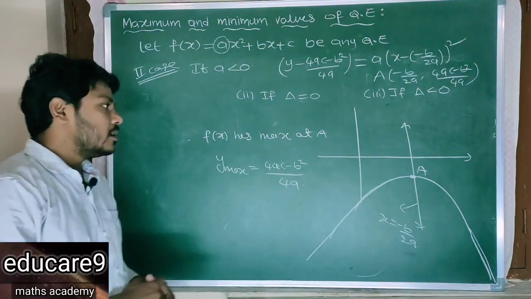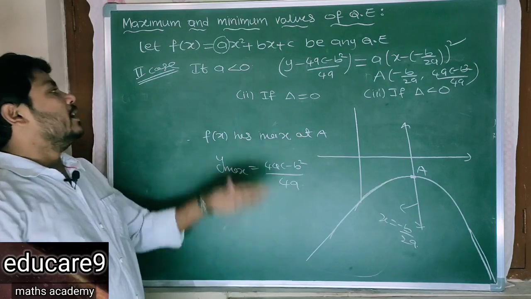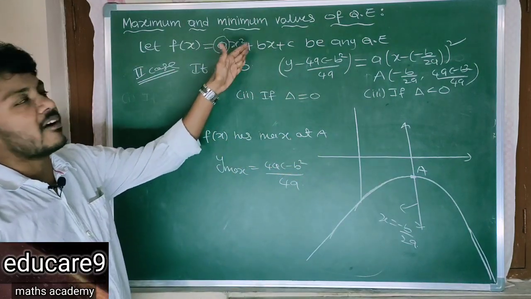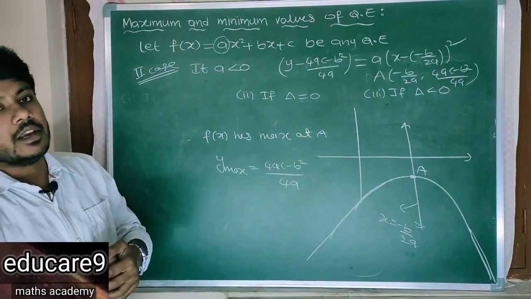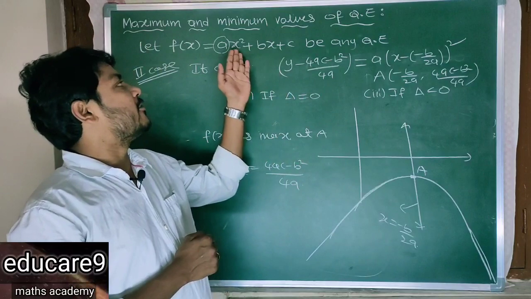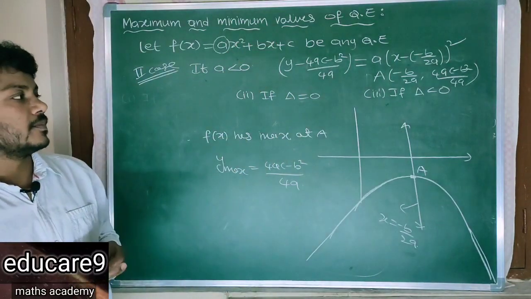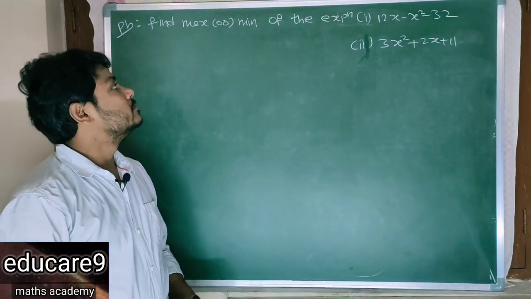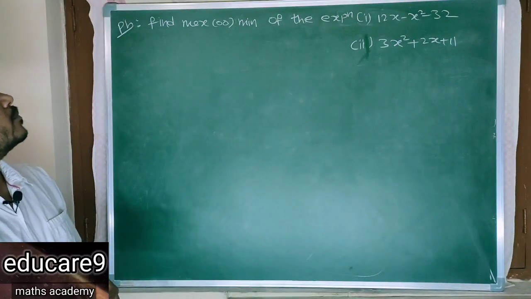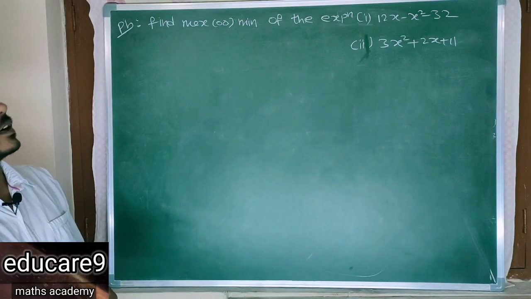So clearly from this you can say that if the coefficient of x square is negative, f of x has a maximum. If the coefficient of x square is positive, f of x has a minimum. See here, these are the problems based on the maximum and minimum concept.